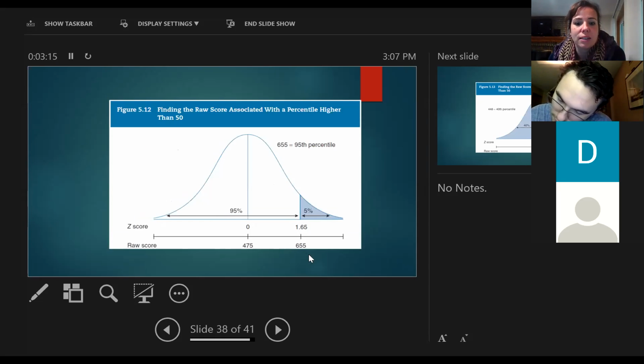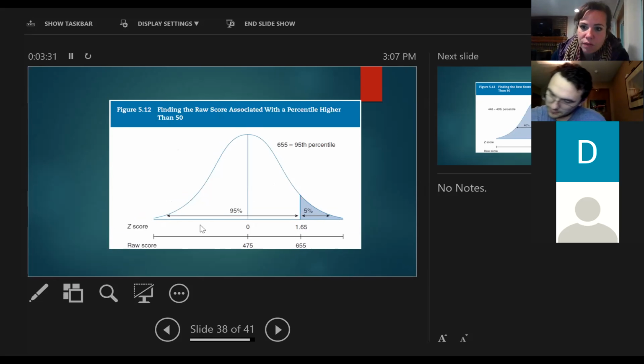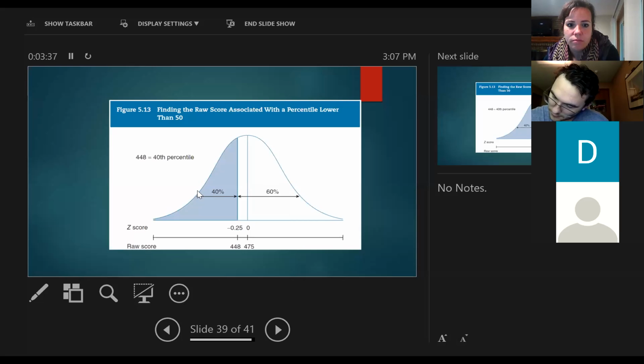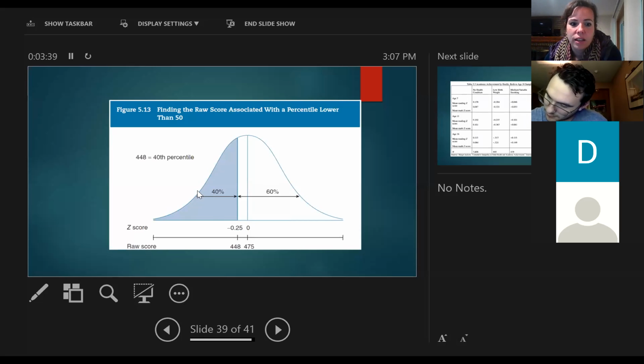Okay, so same thing, a score of 655 would give me a Z-score of 1.65. I would then be able to figure out that that is the top 5% or that it's at the 95th percentile because the score is higher than 95% of the people in the population or in the sample. Okay. Now let's say the raw score is really close to the actual mean.